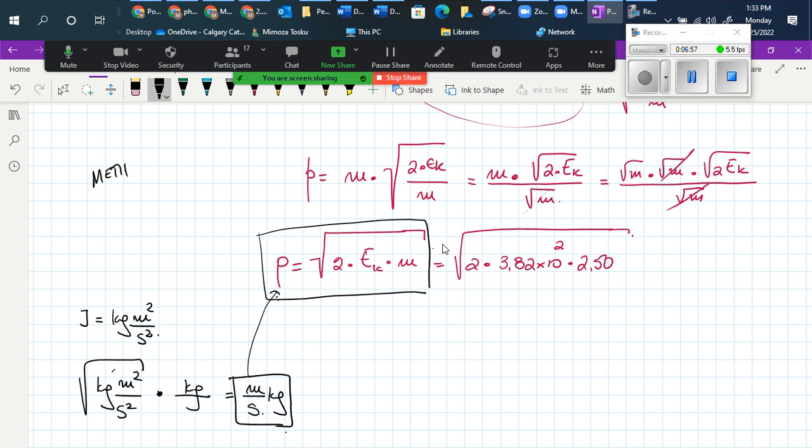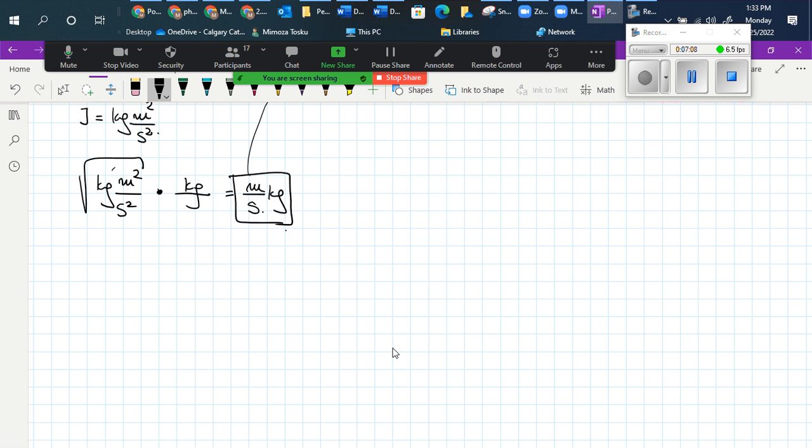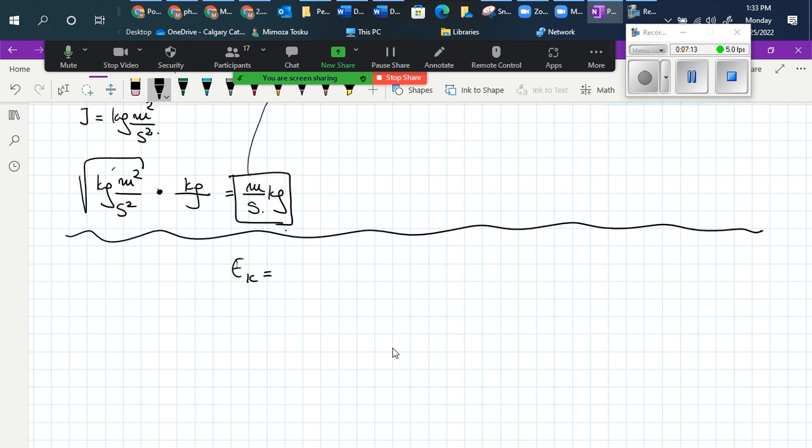So if this is method 1, you can do it in a different way, and there is nothing, and when I say nothing, literally nothing wrong with doing it, as you finding the velocity based on the fact that kinetic energy is 1/2 mass v squared, and then from here you go, kinetic energy as given was 3.82 times 10 to the power of 2 is equal to 1/2 mass was 2.50 times velocity squared.